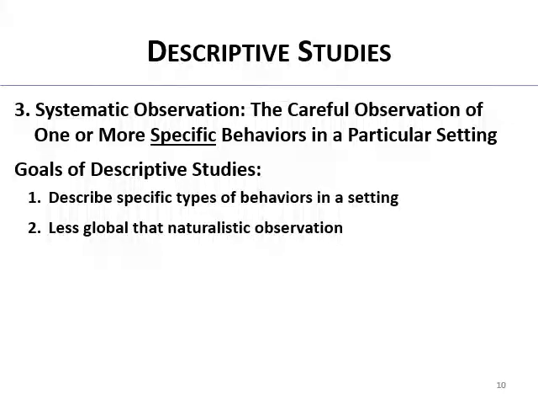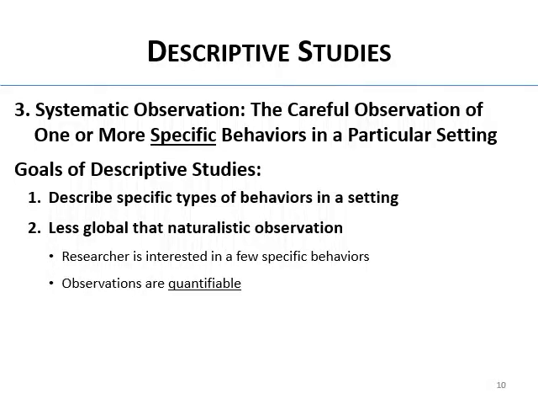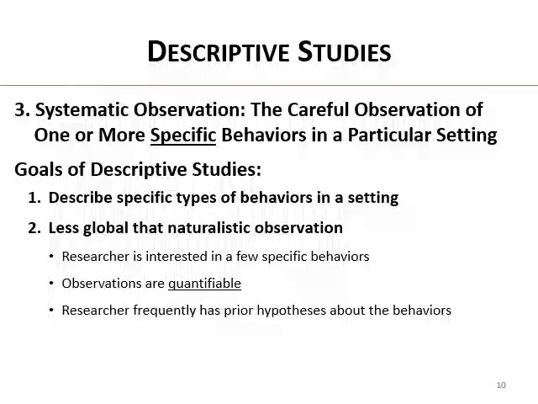They tend to be less global than naturalistic observations, so they're more focused on specific behaviors, whereas in naturalistic observation you're trying to just record everything that's going on. So again, usually the researcher is interested in just a few specific behaviors, and those behaviors are quantifiable. So these are going to result in quantitative data. The researcher will frequently have hypotheses about the behaviors that they're going to observe.